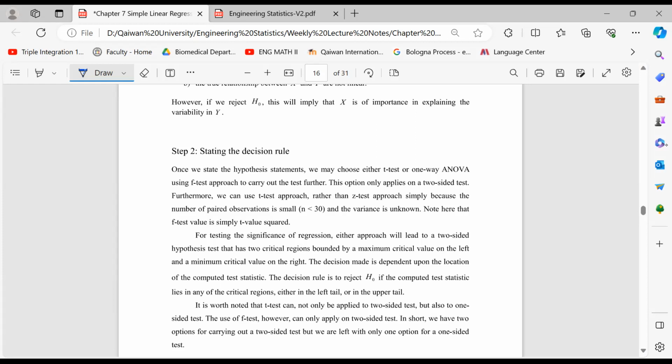If it doesn't ask for a specific method, you are free to use any of them. Generally, the t-test is used for all the cases, but the f-test is used only for the two-sided test. And we could use the t-test for the two-sided test also.